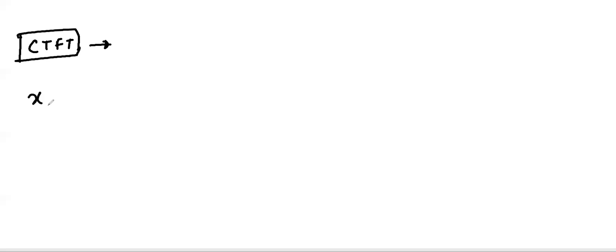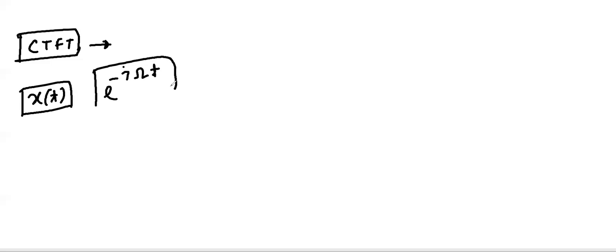We have a signal x(t), which is an unknown signal, and we have a known signal e to the power minus j omega t. Here e to the power minus j omega t is a known signal, where this omega ranges from minus infinity to plus infinity.